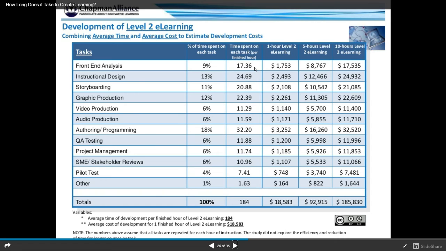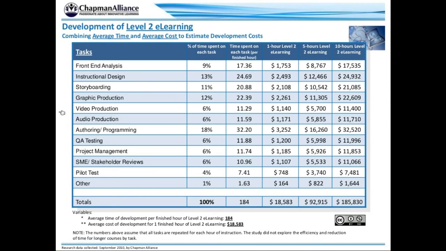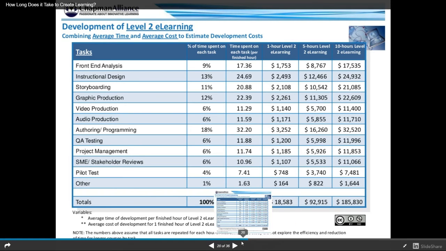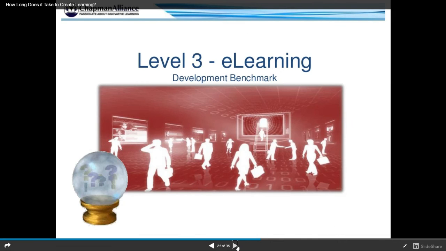Here's how many hours it took for 1 hour at level 2 of e-learning, and so on. Here's the instructional design process, storyboarding, graphics. The nice thing Brian did was give you a good sense of how long it takes to do different parts of the project and what the different parts of the project are that are required. So this is worth looking at.